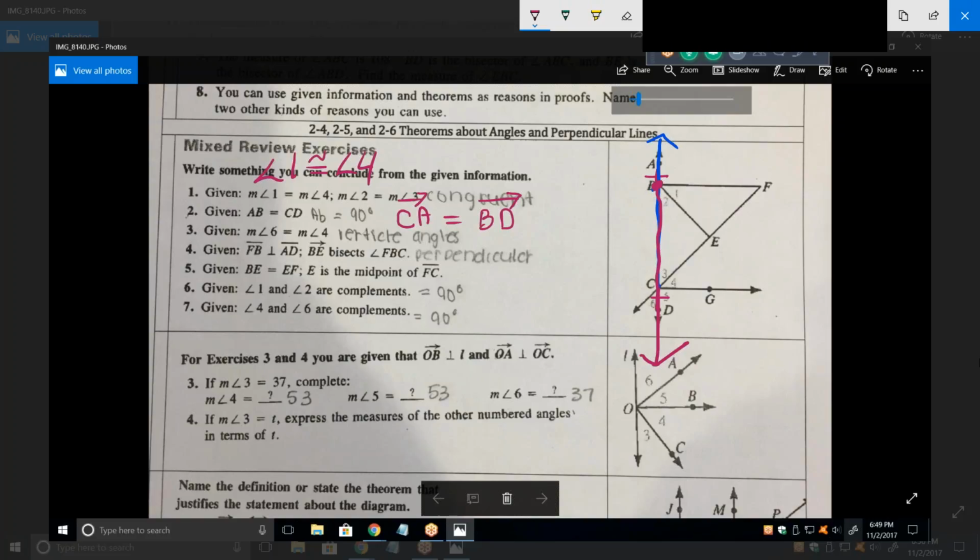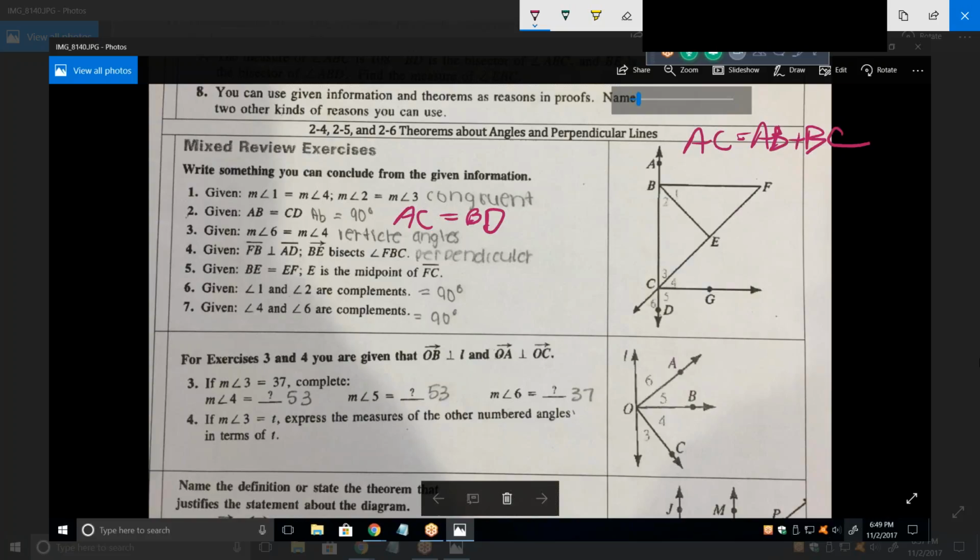No, I know what we can say. Just occurred to me. We can say that AC equals BD. Right? And here's the proof. AC is AB plus BC. So we got AC equals AB plus BC.